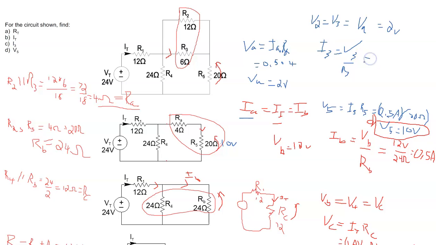And so that means that we have 2 volts over 6 ohms, and I3 came up to be 1/3, or 0.333 amps for I3. And that is the last one that we were asked to find there, which is now part C.